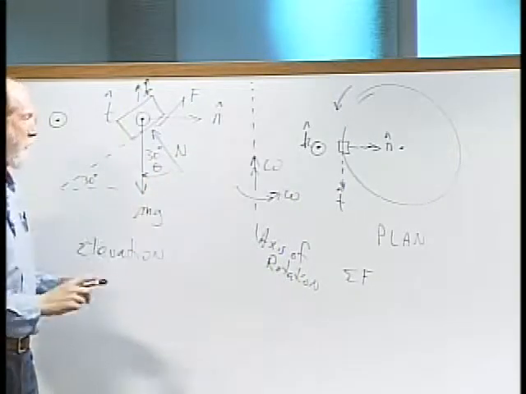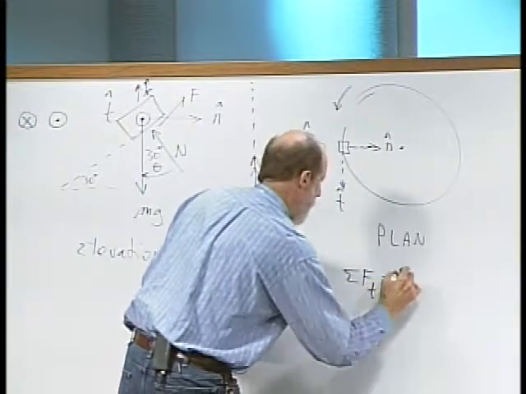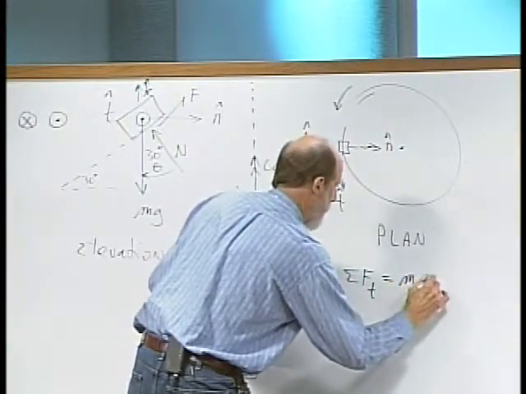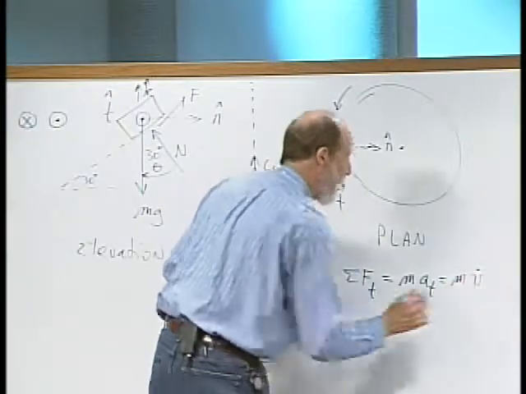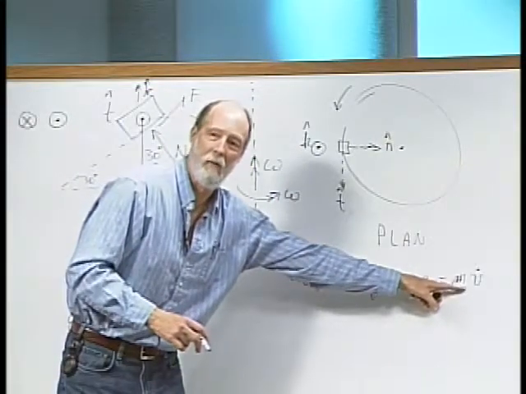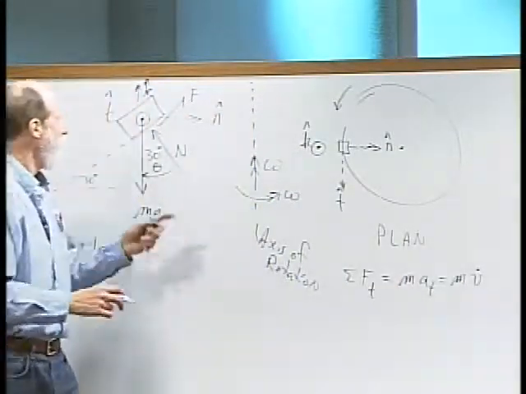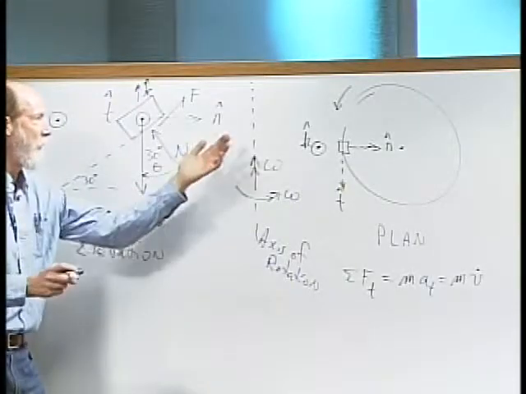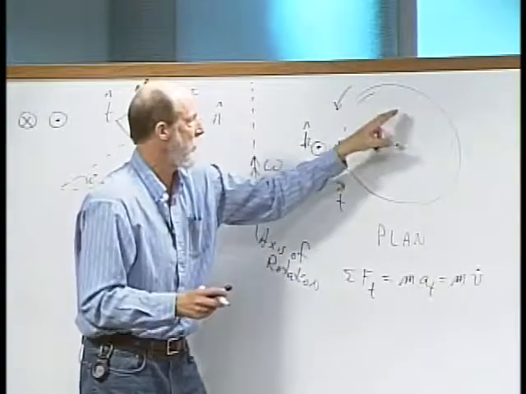Okay, good. So if we do the tangential forces equals mass times tangential acceleration, which is mass times the rate of change of the speed, v dot. They told us that they're letting this thing gradually come up in its rotational omega.